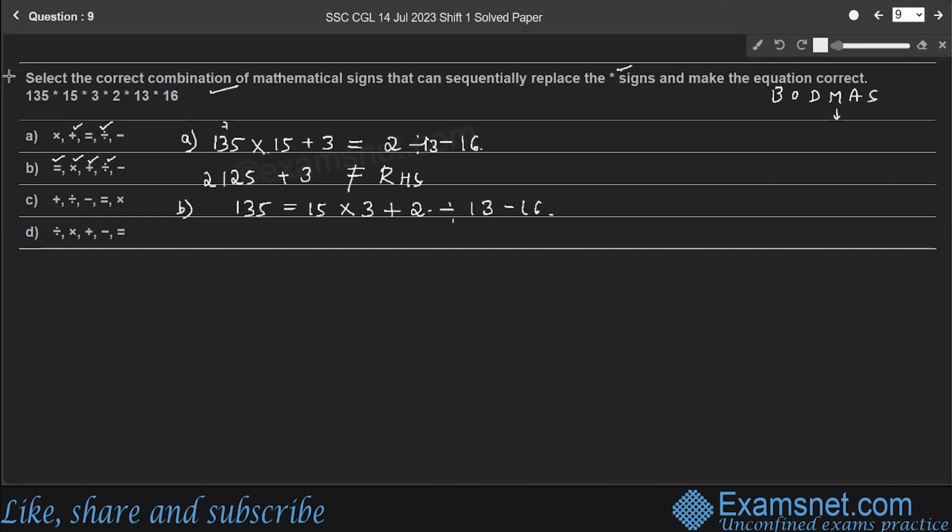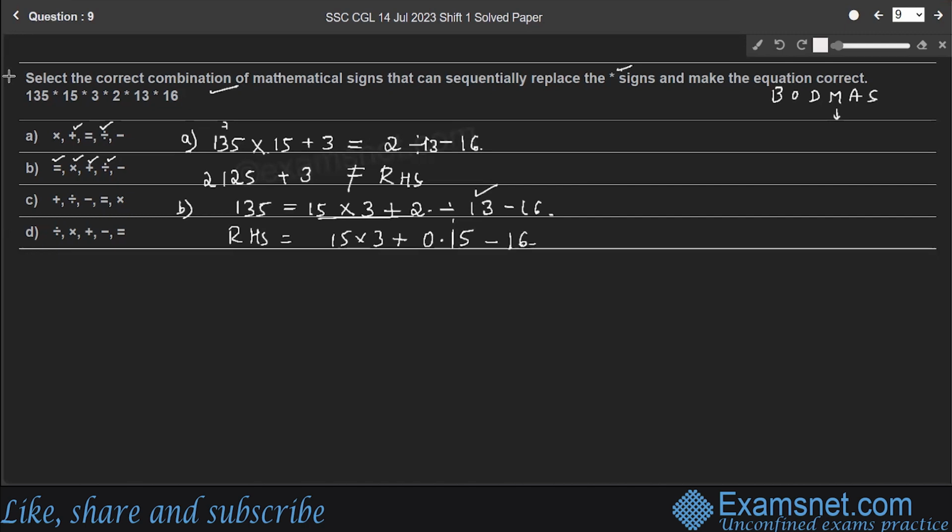So let us verify whether LHS, here LHS is 135, is equal to RHS or not. Consider the RHS part. Again, let us follow the BODMAS rule. Here we have 2 divided by 13, you will get a fraction, right? So 15 into 3 plus 2 divided by 13, you will get 0.15, right?